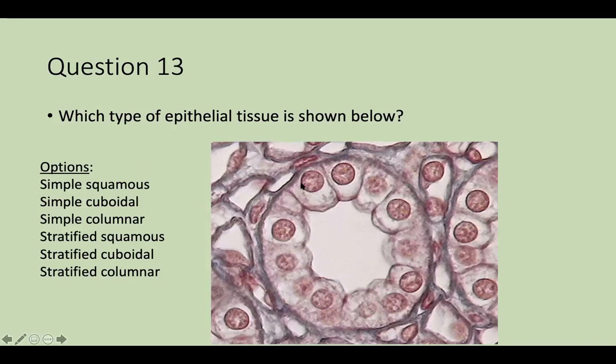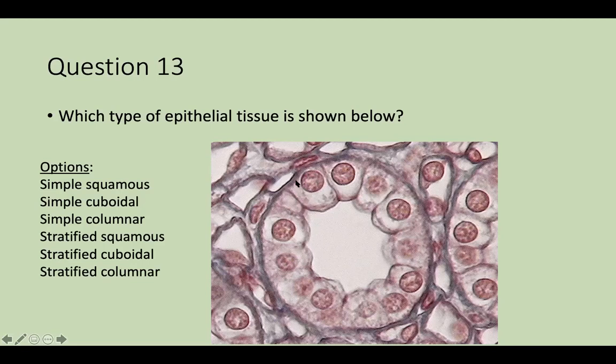And the nuclei are pretty big in the cell. They're not flattened. They're also not really tall and column shaped. The fact that there's only one layer means you can cross out the stratifieds. So this is going to be some kind of simple epithelia because we only have one layer of cells attached to a basement membrane.